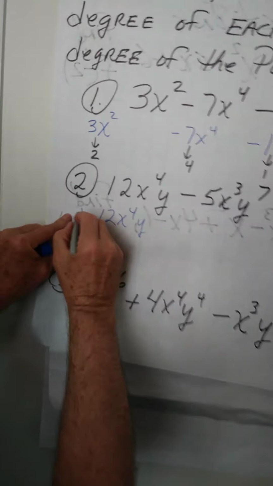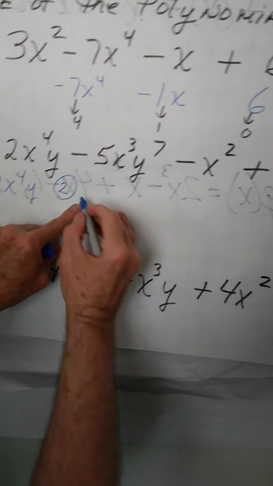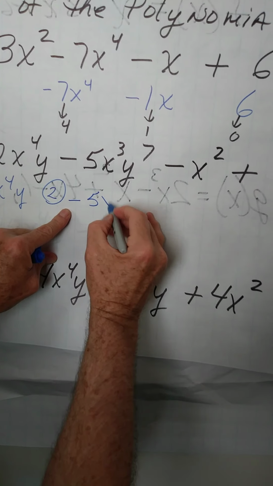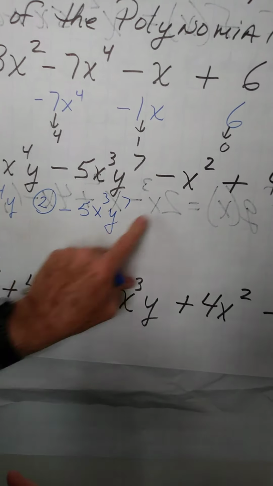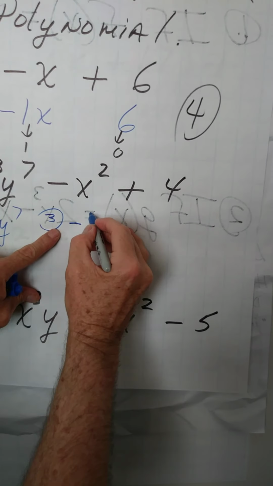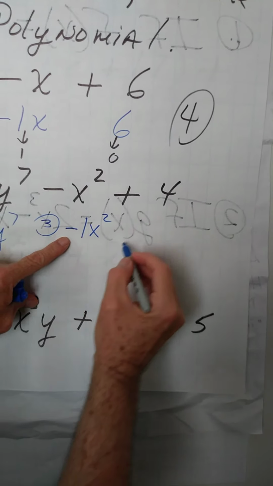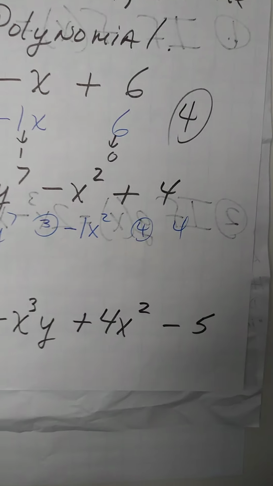That's term number 1. Term number 2, negative 5, x to the 3rd, y to the 7th. Term number 3, a negative 1, x squared. And term number 4, positive 4.